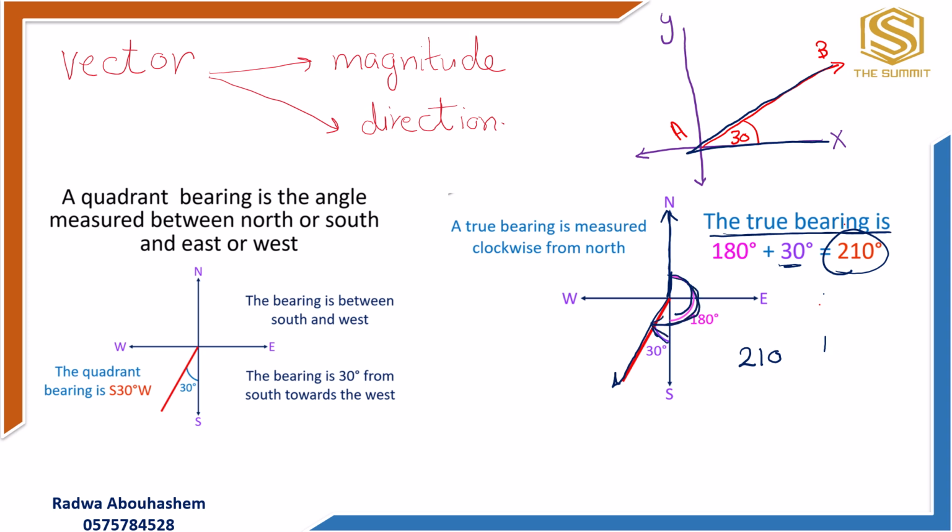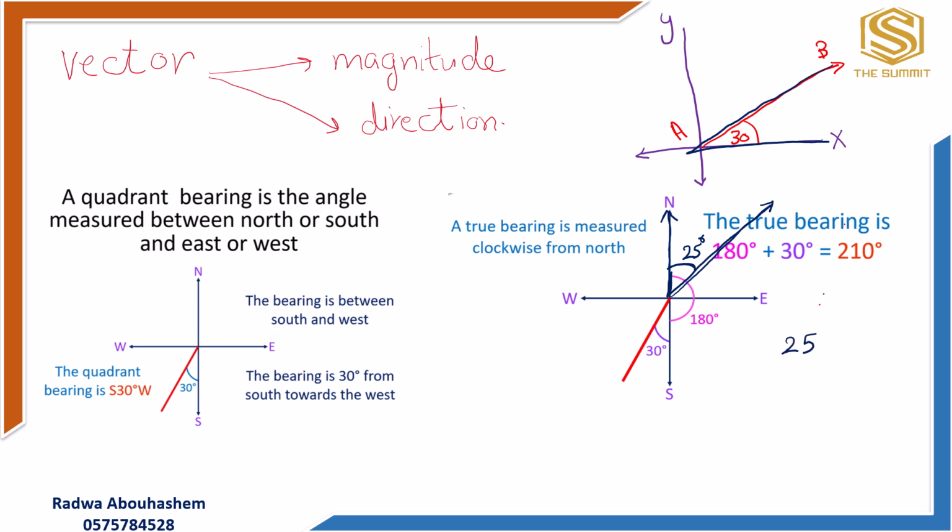Let me give you another example here. What if I have this angle, or this is my vector? This is an angle like 25 degrees. So I'm reading my direction from north to the vector. It would be 25 degrees.